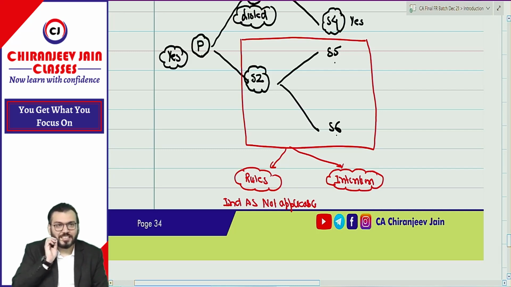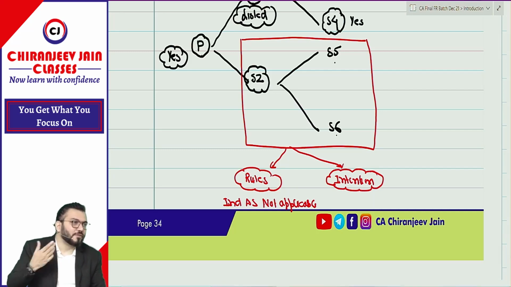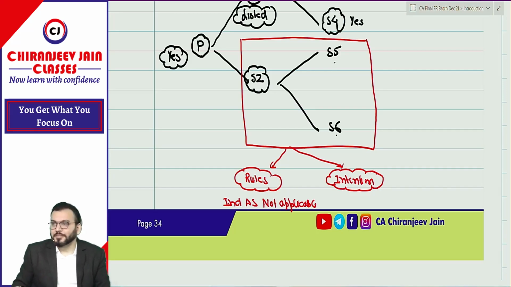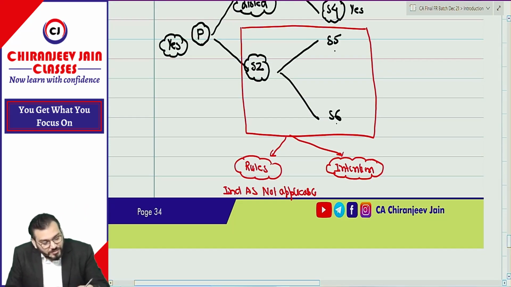Correct? The intention is that if Ind AS is applicable to one company in a group, then for every company Ind AS should be applicable. That was the intention. So as per intention, Ind AS is applicable.